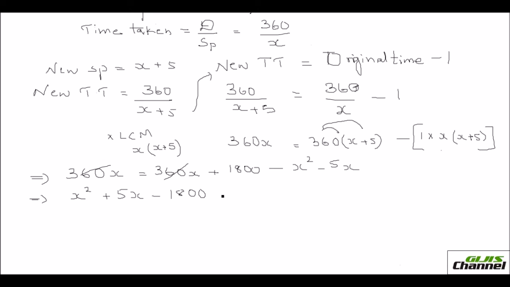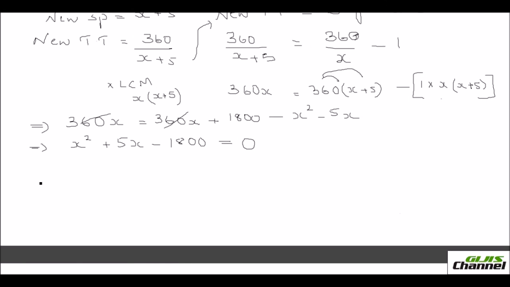Again, here's the quadratic equation. If you have reached here, the rest is easy since you have already practiced how to factorize. So I split the x into two factors, and the factors would be plus 45 and minus 40.